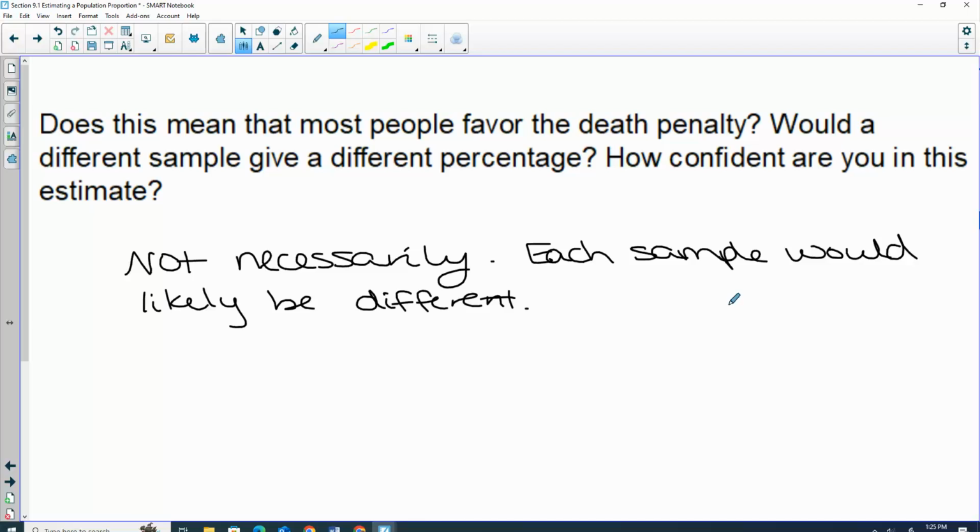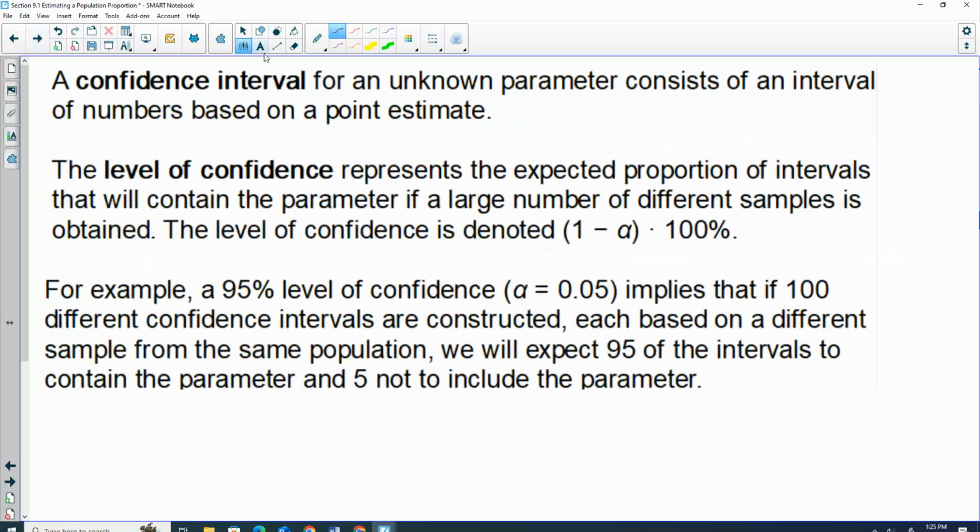Each sample is going to be different. So if I'm trying to really depict the original population, I'm going to have a range of values and say, okay, I think the true population falls between 49 and 75% or something like that. We would need a range of values because we know every time we pick a different sample, we'll get a different answer. So that leads to the idea for a confidence interval.